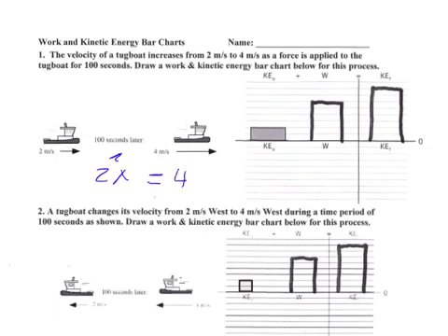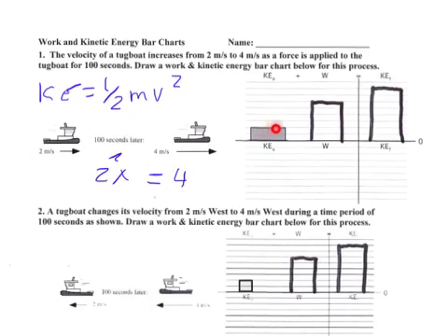So the trick to kinetic energy is just remember the kinetic energy equation, and I apologize, I don't have my stylus, I'm doing this with my finger, but it's kinetic energy equals 1/2 mv squared. So since this is a squared relationship, if you double, as you did here, from 2 to 4, then you don't double the kinetic energy, it raises it by 2 squared, so 4 times as much.